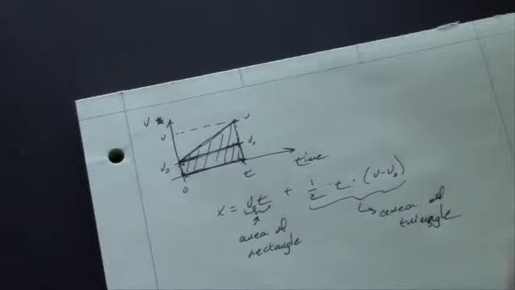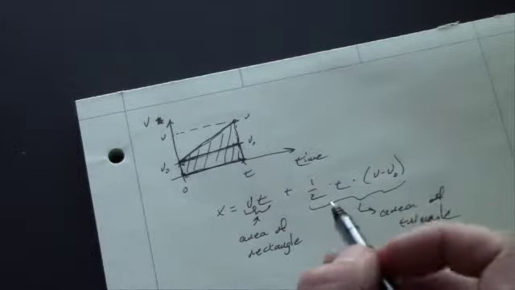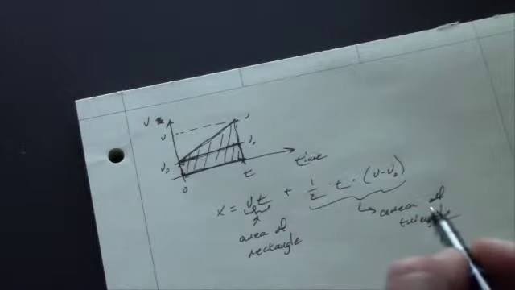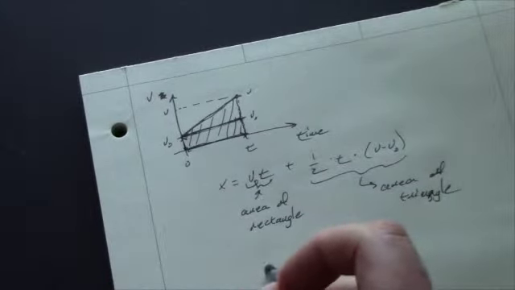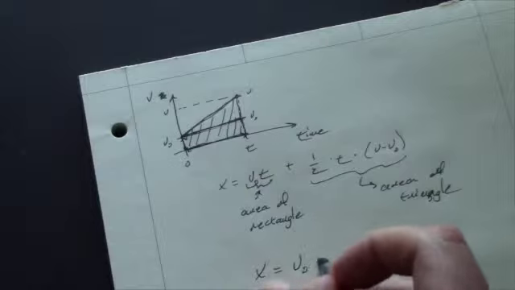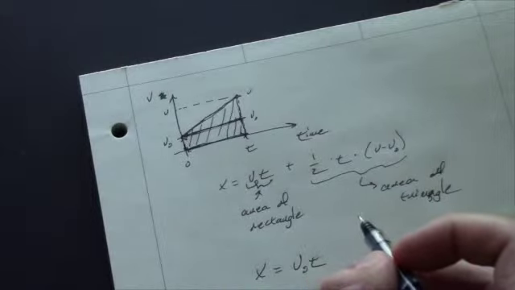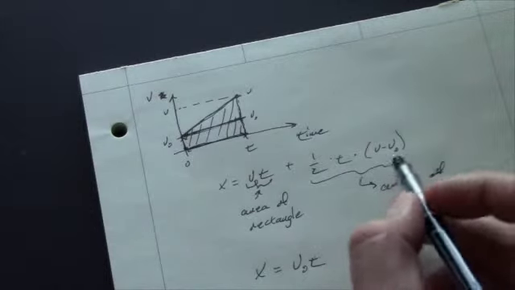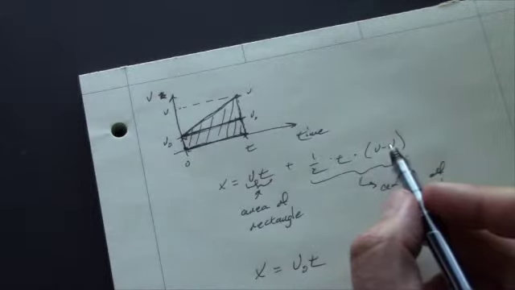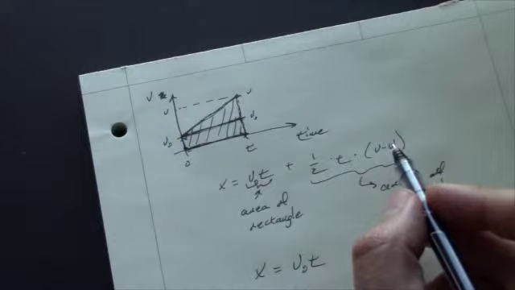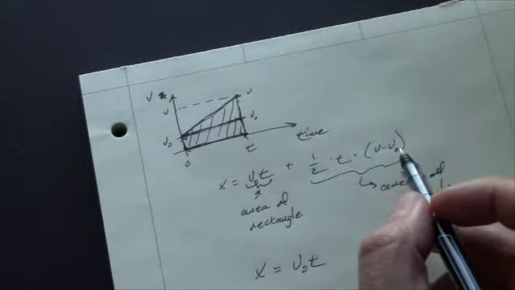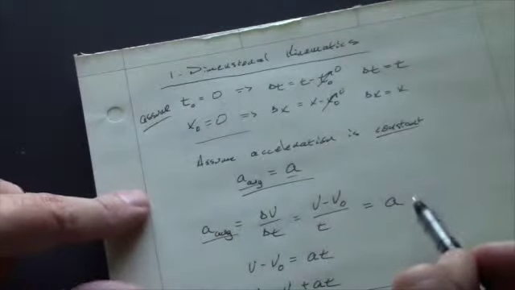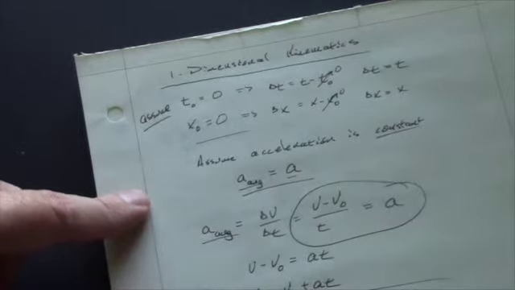Okay, now it's just a matter of rearranging a little bit. I'm going to write this as x is v initial t plus 1/2 t times v minus v initial. Now, if you look back at what I did over here, you'll notice I have this relationship.